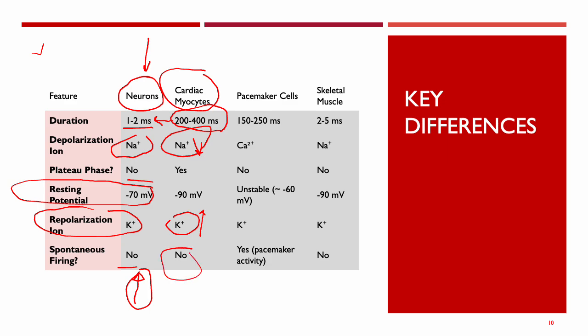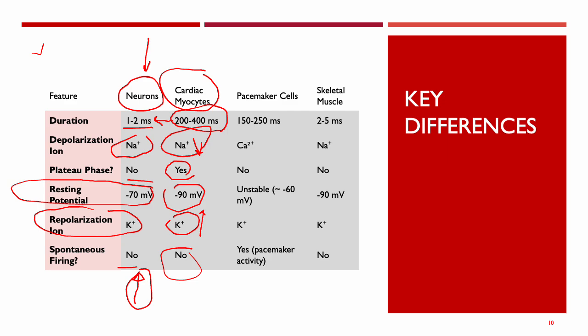No. But it has a plateau phase. And its resting membrane potential is different. One of the main reasons for its plateau phase, which is unique to it, is that this helps it maintain contraction for effective pumping, right? We're talking about the heart now. Unlike neurons, which we want firing fast and resetting quickly.